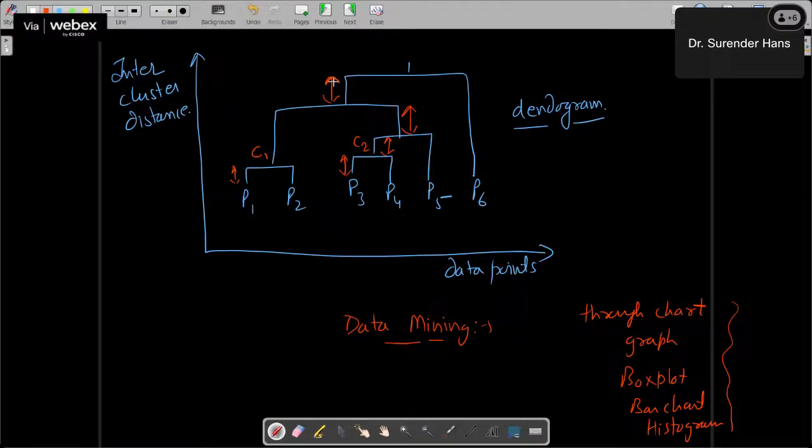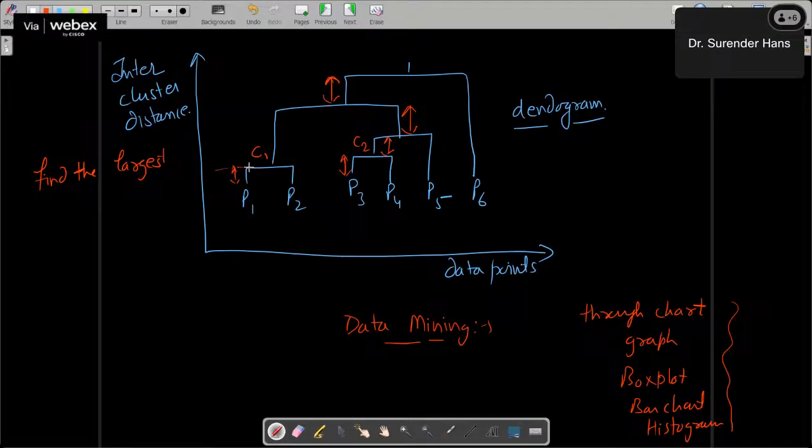The step is: first, just find the largest vertical line, the largest vertical line that should not be cut by any horizontal line.